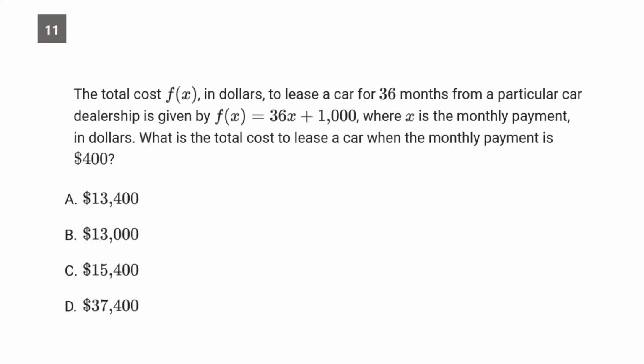Okay, so here you're going to do 36 times 400 plus 1,000. And then 36 times 400 got you 14,400 plus 1,000 gets you 15,400.